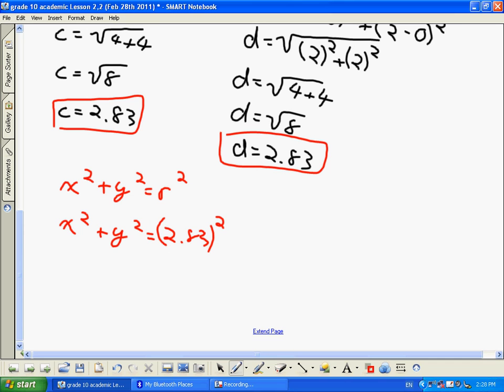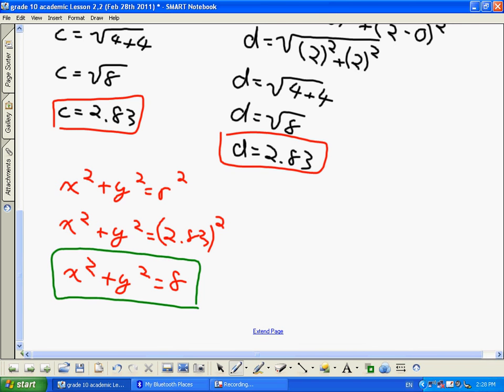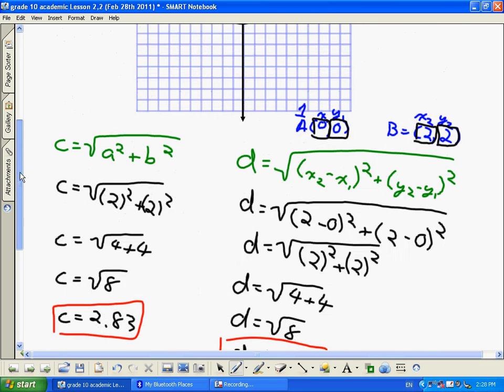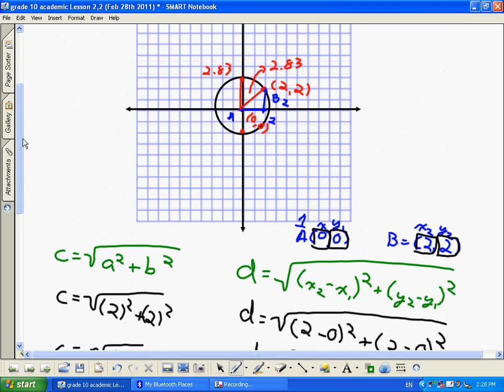We already solved that earlier, when we square rooted the number. So the equation of this specific circle is x squared plus y squared equals 8. That is the equation of our circle on that graph, and that's how we create this graph.